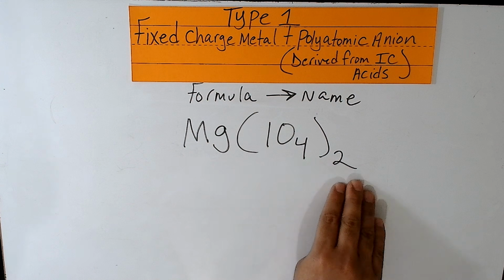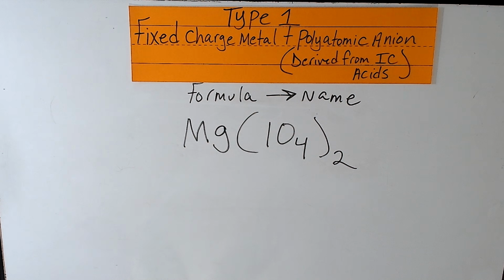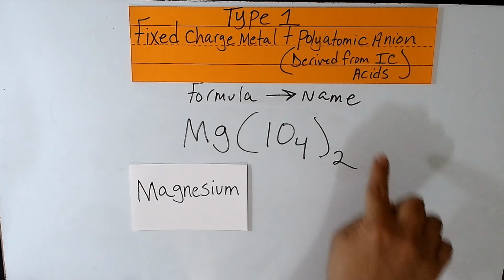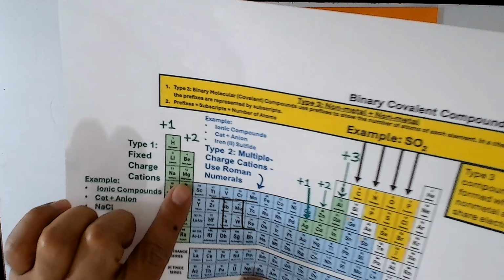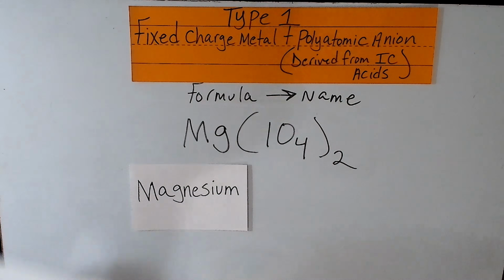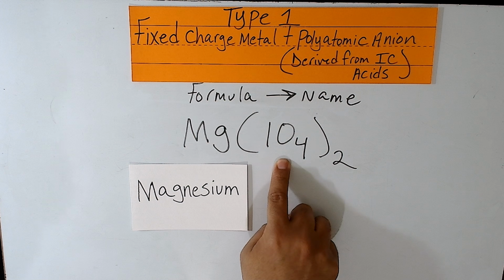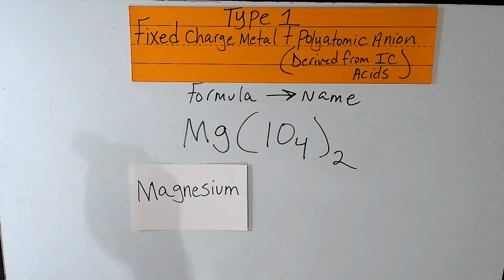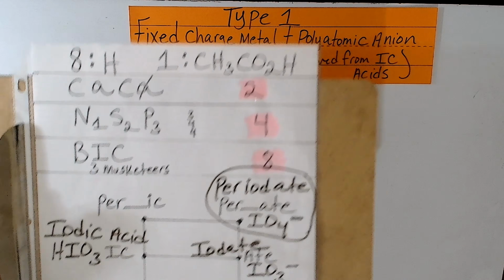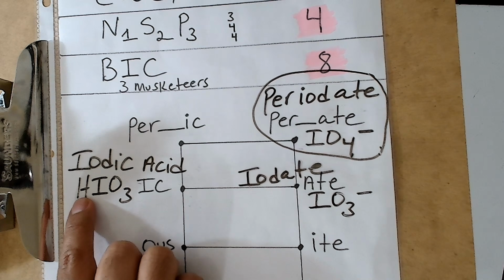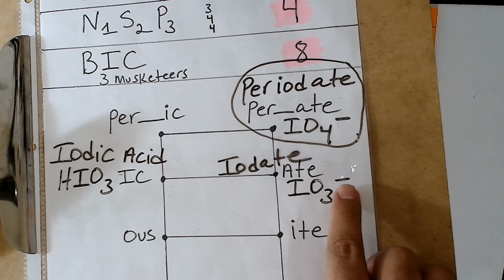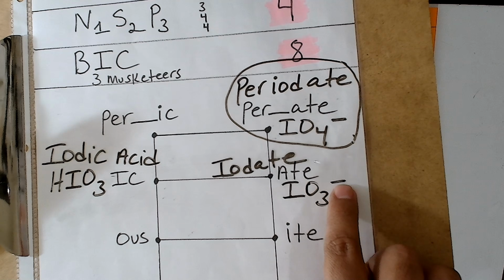Okay, so now we have this chemical formula. I see magnesium. Therefore, this compound is going to be a type 1 compound. Why? Because the cation falls within the green region right here in column 2. Next, I know that this anion derives from one of the ic acids, and that ic acid is iodic acid. Iodic acid donates this hydrogen ion, and because of that, it gets a 1 minus charge.